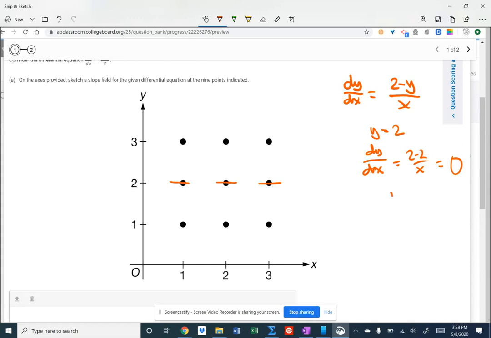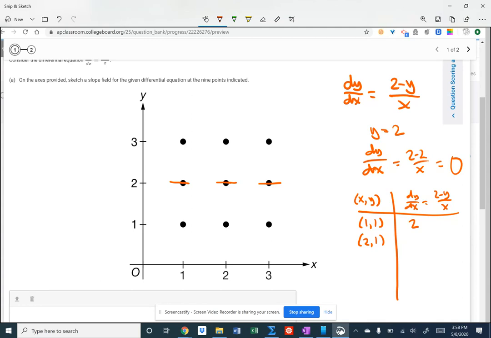So you can make a little table if you want. They didn't ask for a table, but if you put your point here and then your slope over here, that might help you stay more organized.